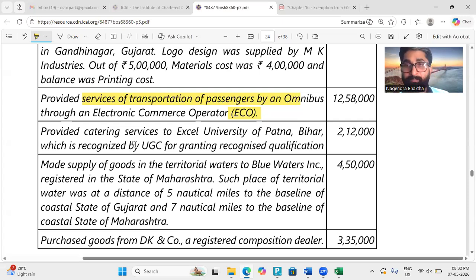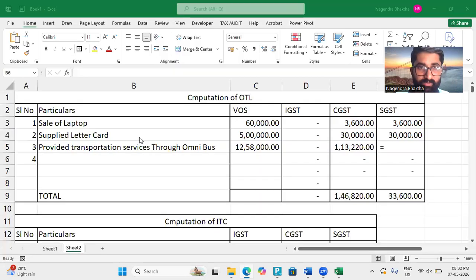But you remember catering services, security services, and transportation services, if these three are given to preschool, primary and secondary school, only then it is exempt. But this is a university, this is not exempt, right?